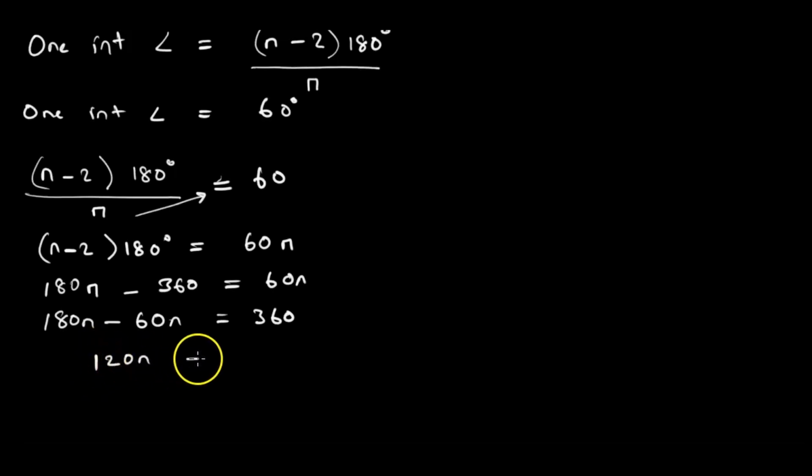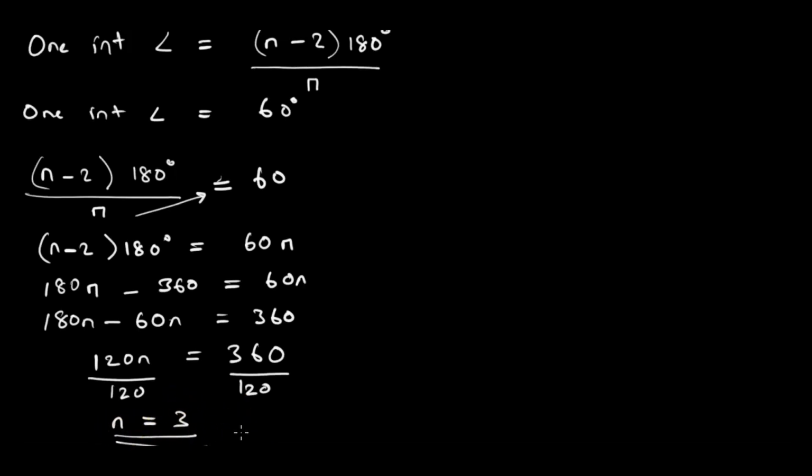So 120n is equal to 360. Divide both sides by 120. n is equal to what? What is 360 divided by 120? So 360 divided by 120 is equal to 3. So that is how it's done.